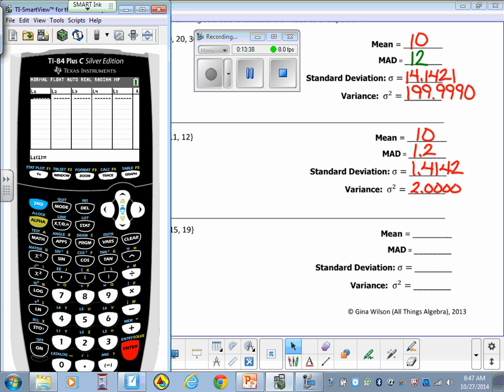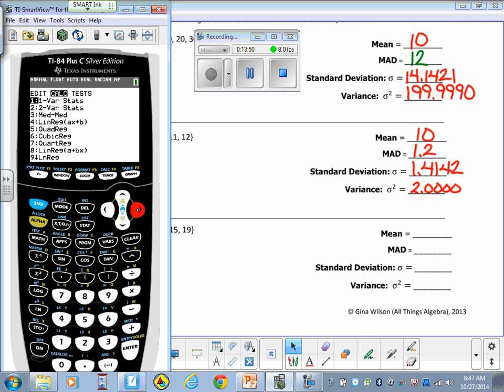All right, set C: 1, 3, 12, 15, and 19. Stat, calc, 1. Make sure it says list 1. Mine doesn't. I have to change it. Okay. I have a mean of 10 again.